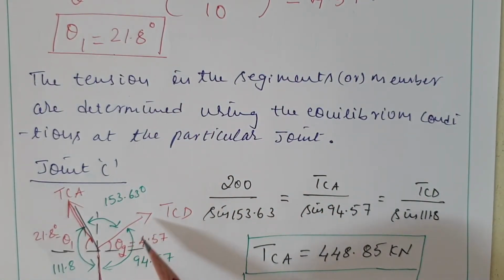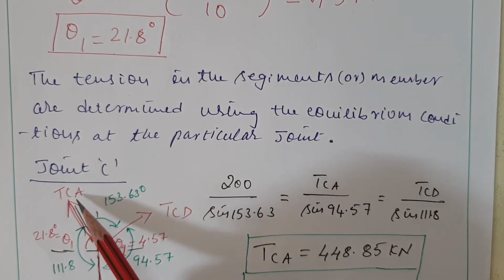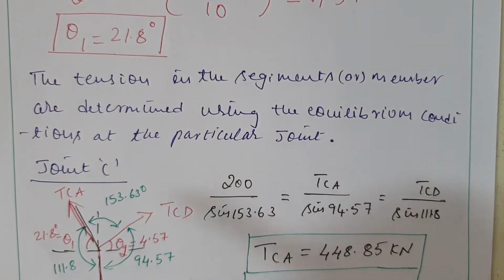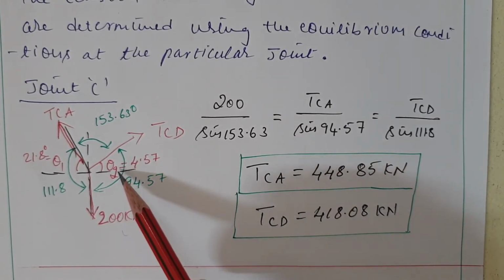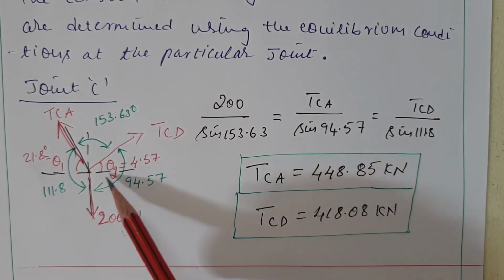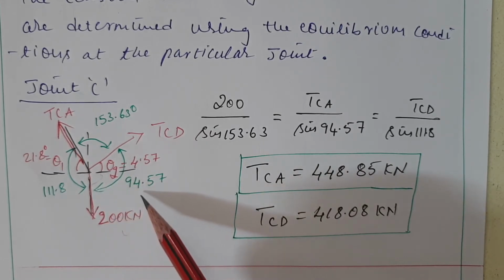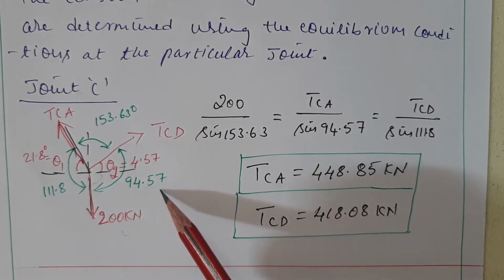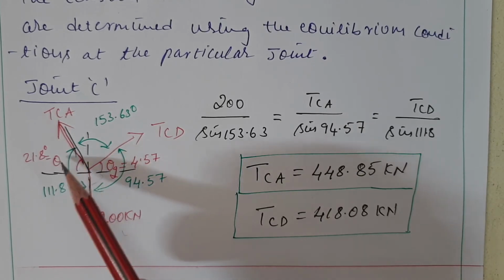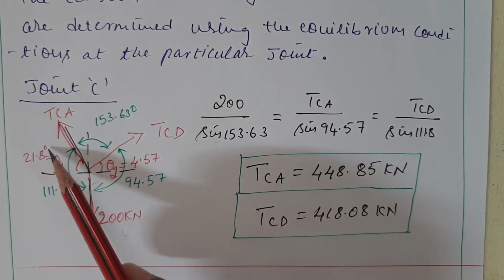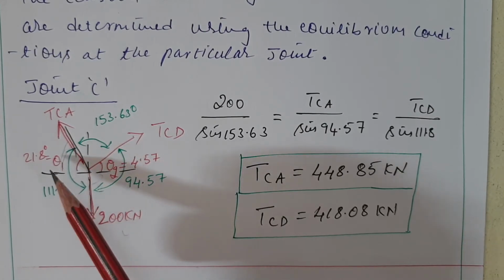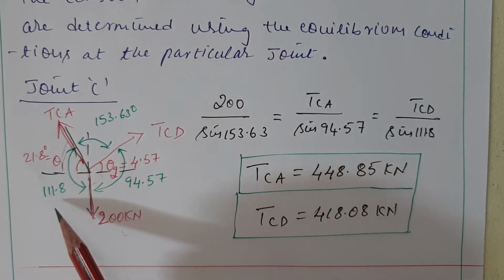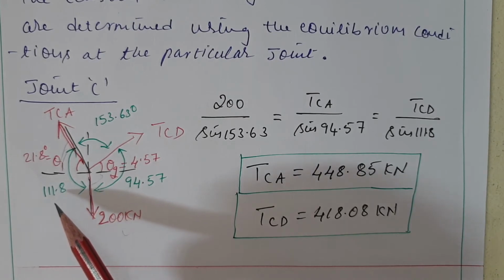The red ink indicates the forces 200 kN and tension in CA. We know theta 2 is 4.57, and 90 degrees, so it will be 94.57. Similarly, we know this one is 21.8, then total will be 90 plus 21.8, which is 111.8 degrees.